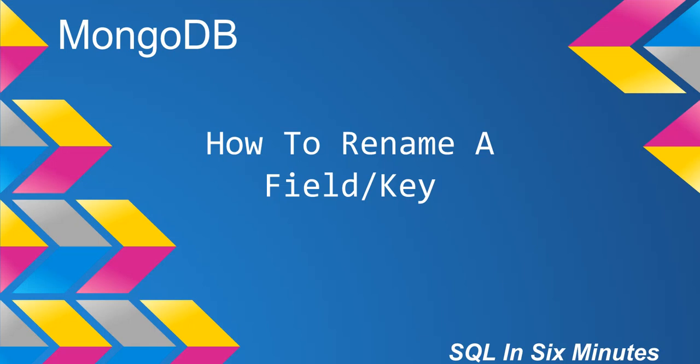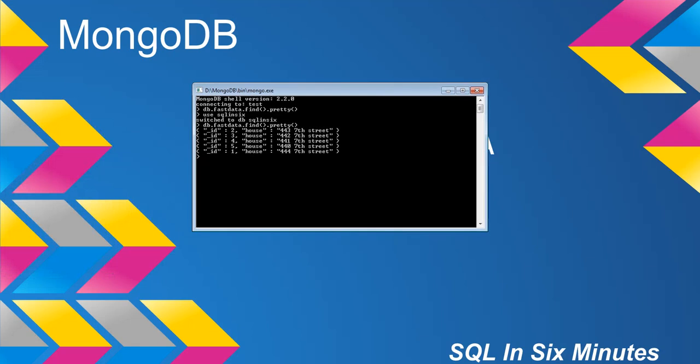So if we look at our database here, I'm going to rename a field for one of our items. So in ID 4, we have house and 441 7th Street.